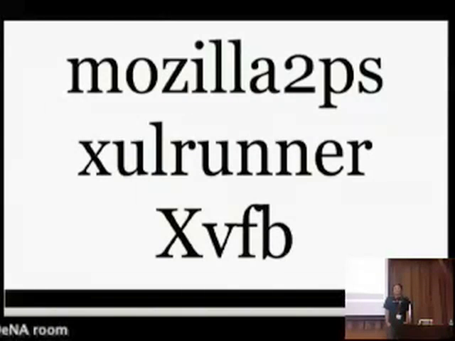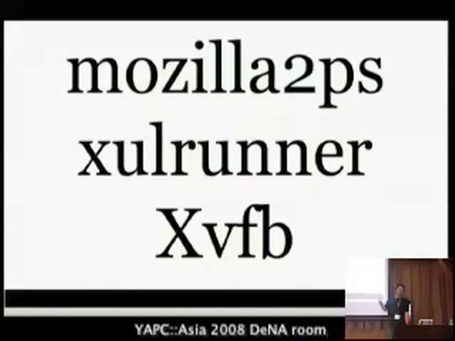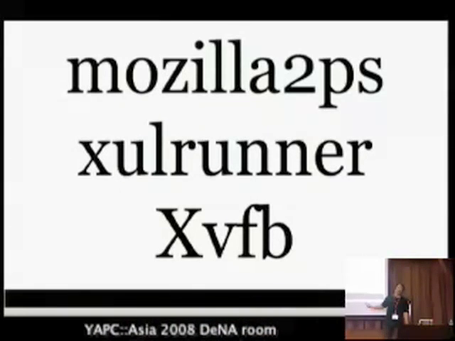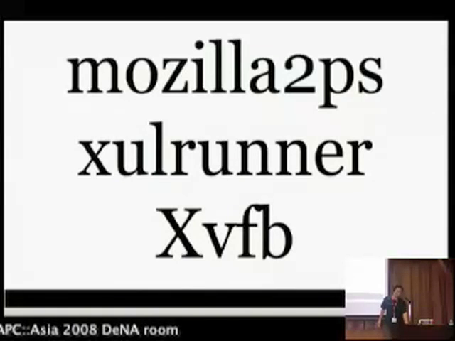In the process it was quite interesting because we found out this way, and it's like, okay, great, we just deploy it, right? And then no, actually, XULRunner or Mozilla2PS requires an X server, and there's no X server on the server. So what you need is Xvfb, the frame buffer virtual X server, to be there, so that Mozilla can connect to the X server.